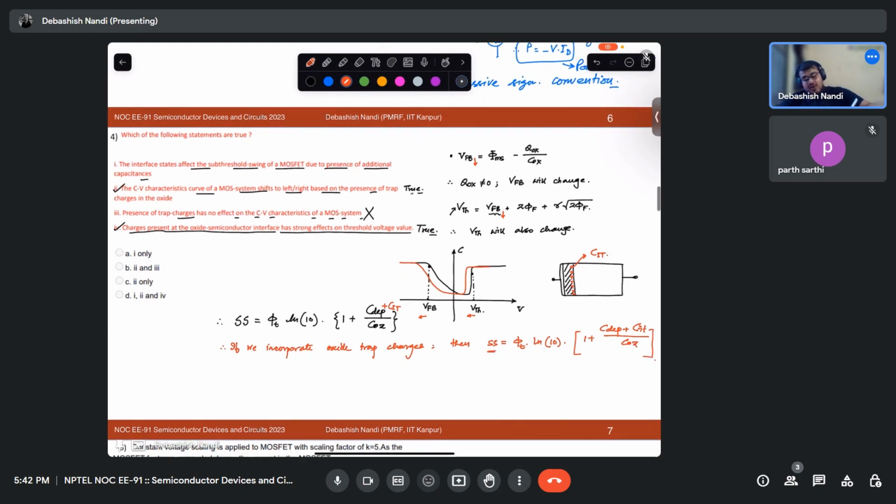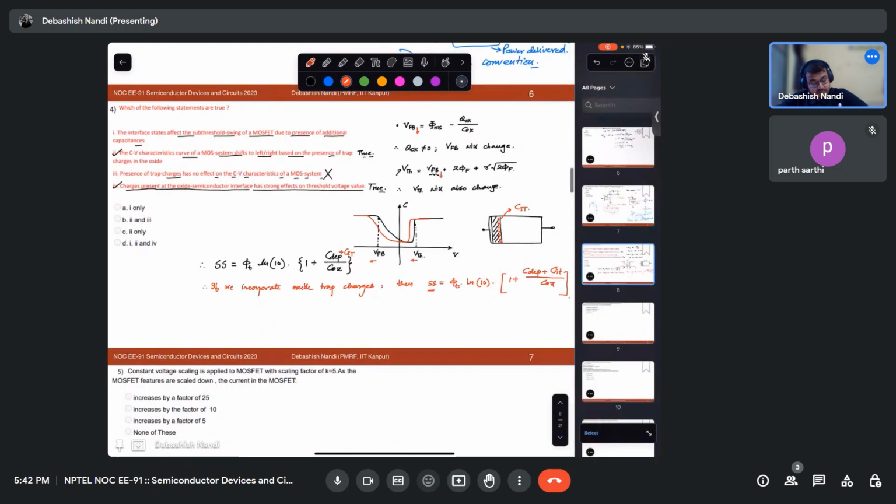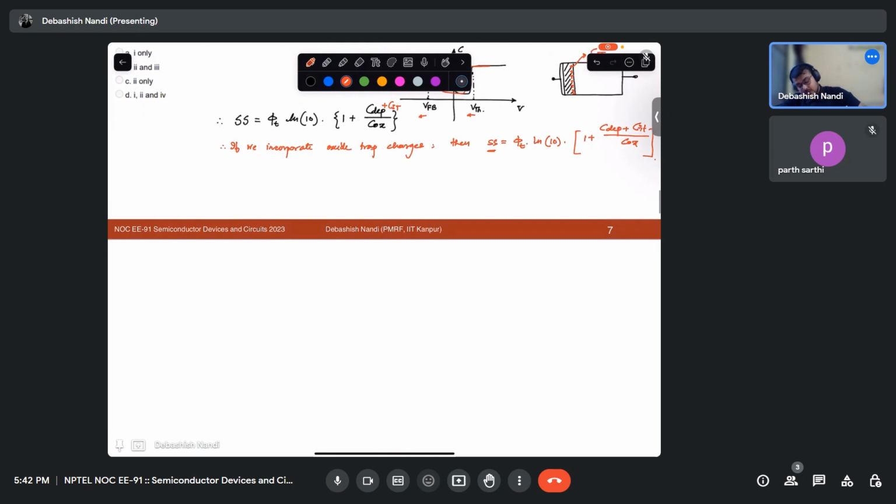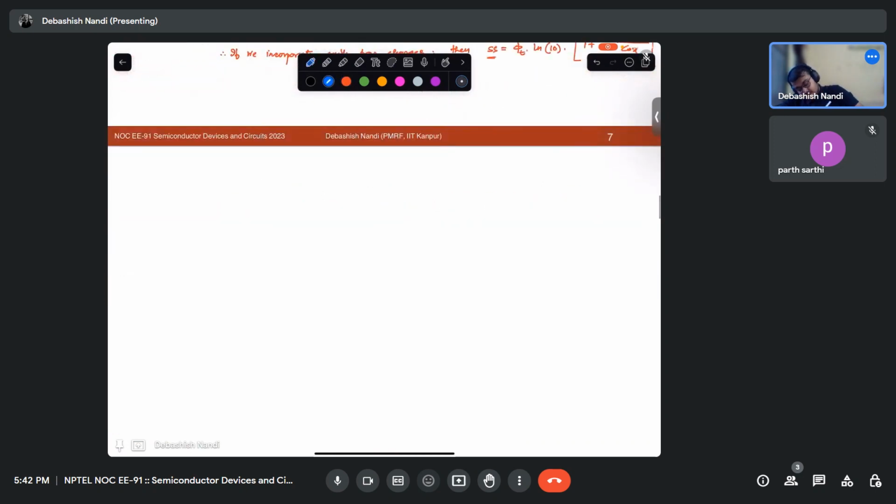What happens is that, suppose this is your VG. To see SS, what should be my y axis?